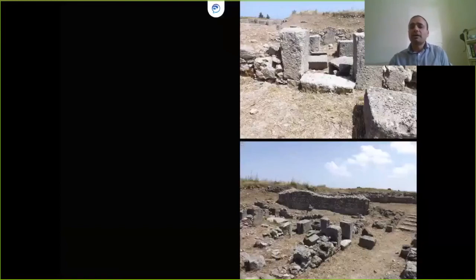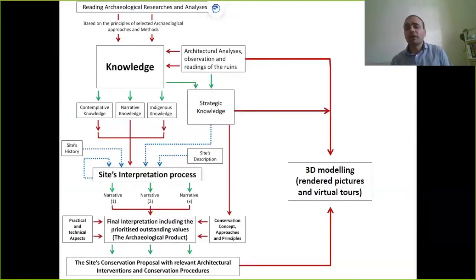So I started an architectural and archaeological analysis of the plaza. And the important thing for my approach is to make people aware that 3D modeling is an integral part of a very comprehensive process.